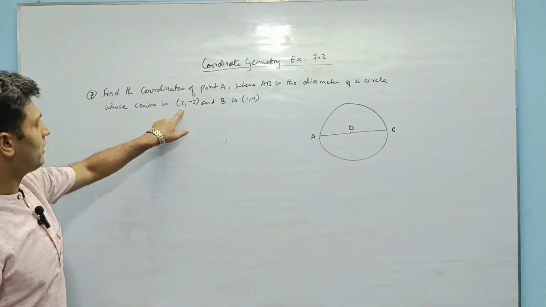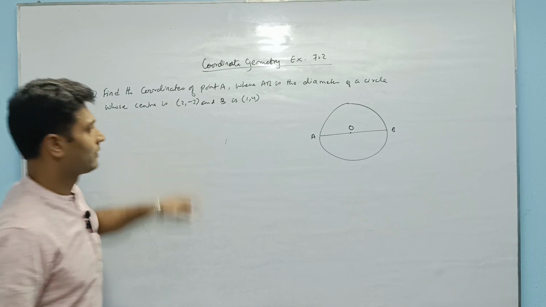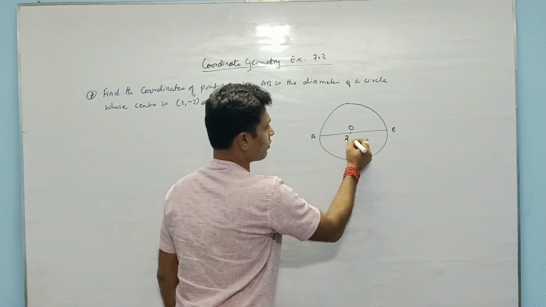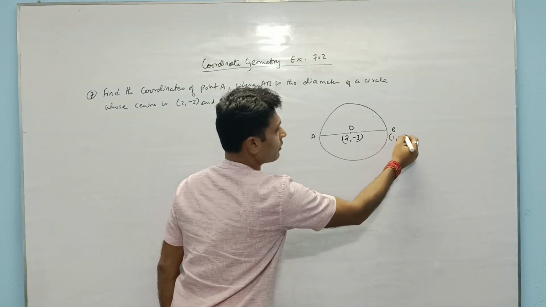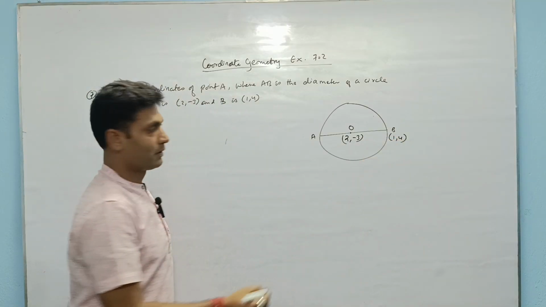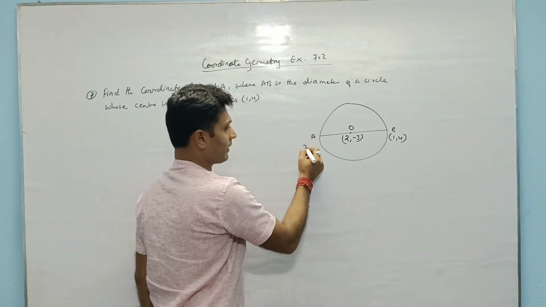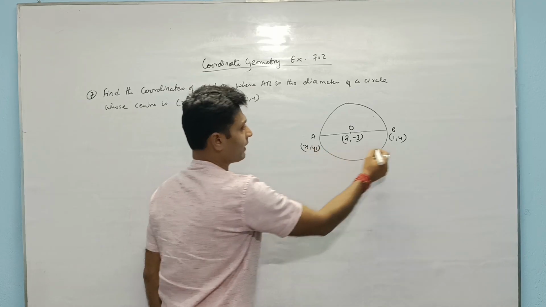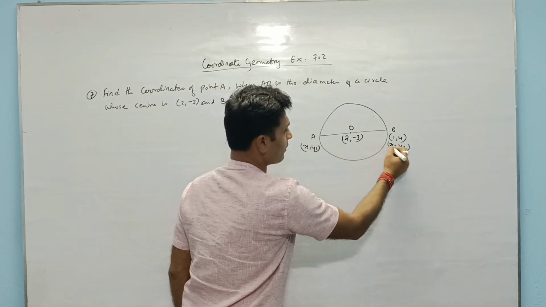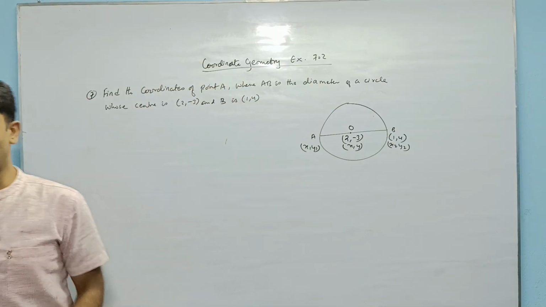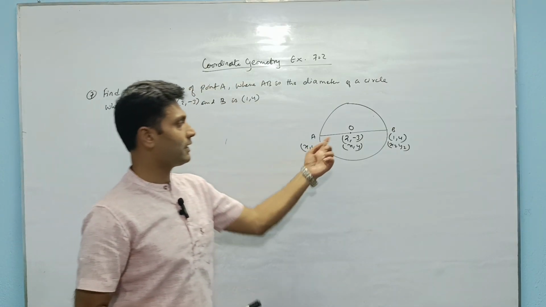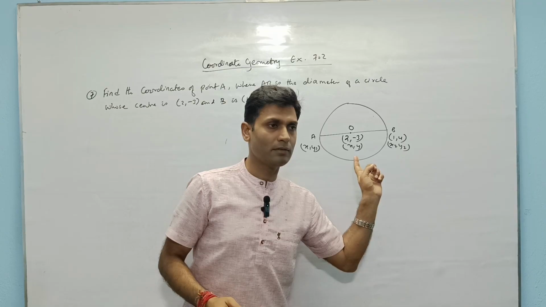What is the center given? 2, minus 3. And B is what? 1, 4. We need to find the coordinates of A. So we'll mark it as x1, y1, x2, y2, and this is x, y. So can we say that the center is the midpoint of the diameter?